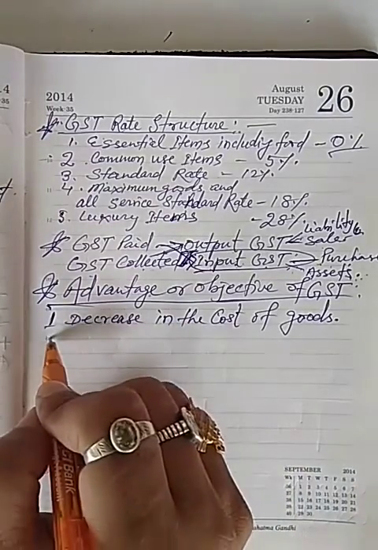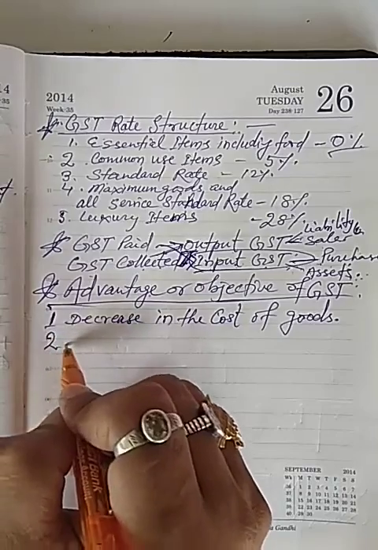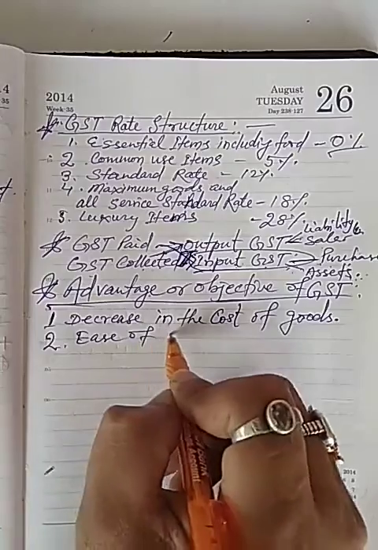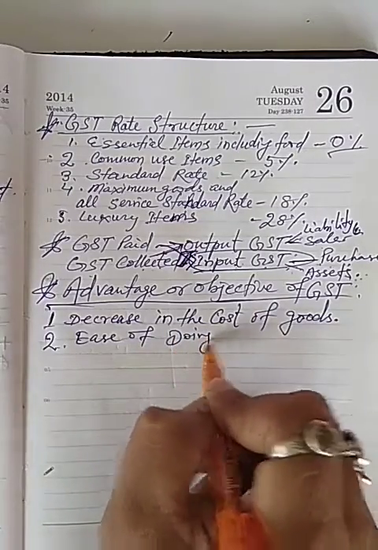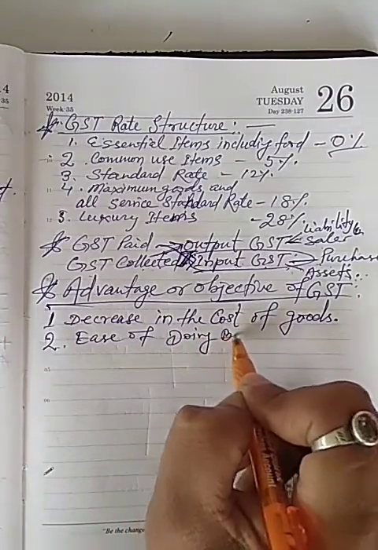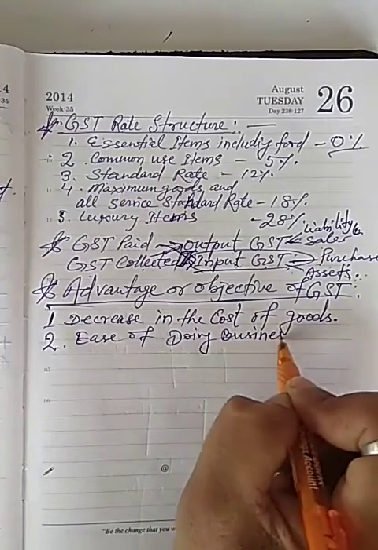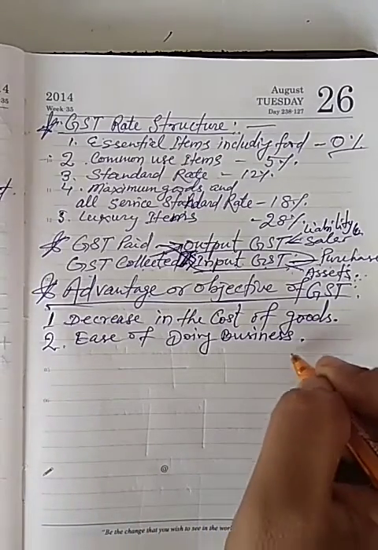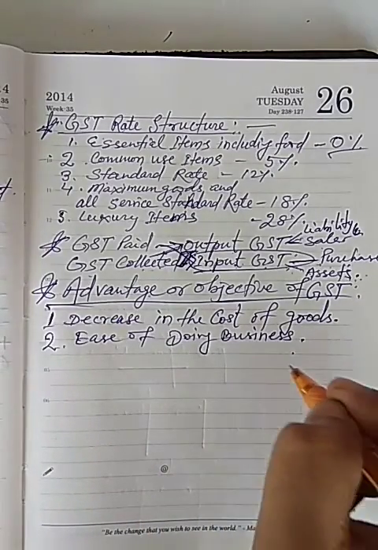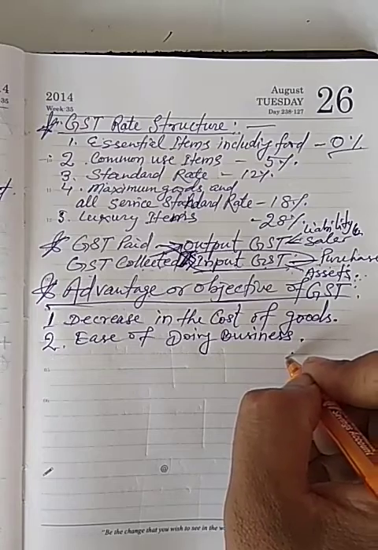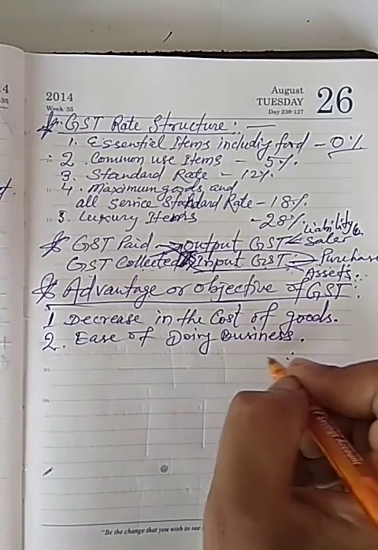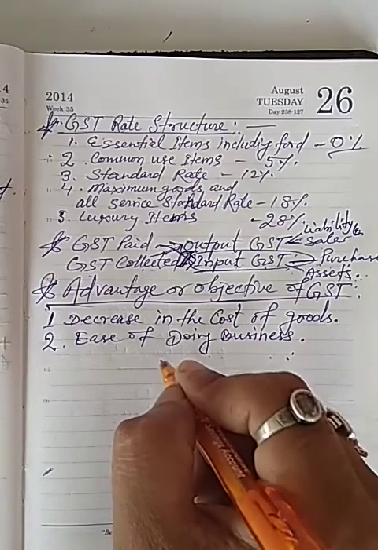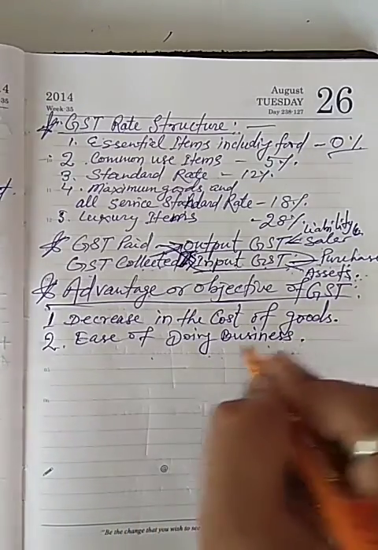Now, second point may be ease of doing business. GST harmonizes tax administration between the central and the states, which will improve the ease of doing business.